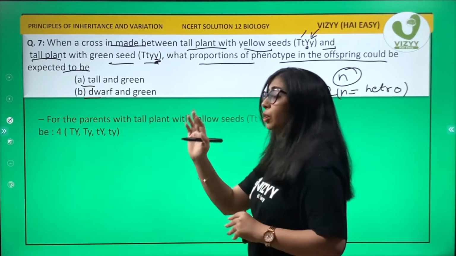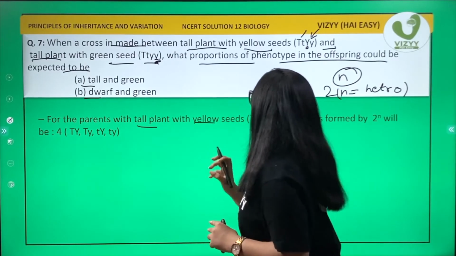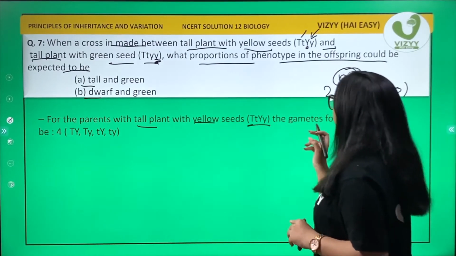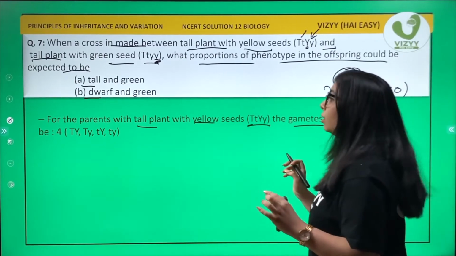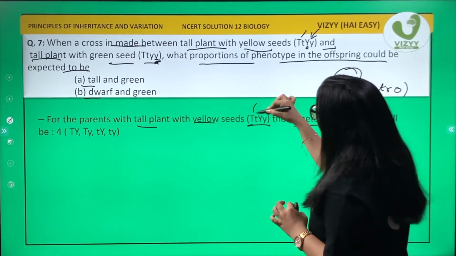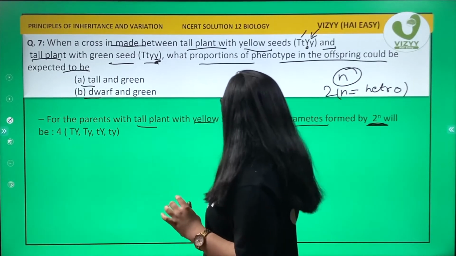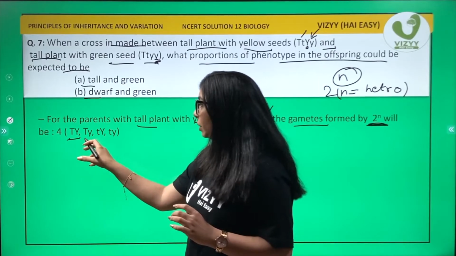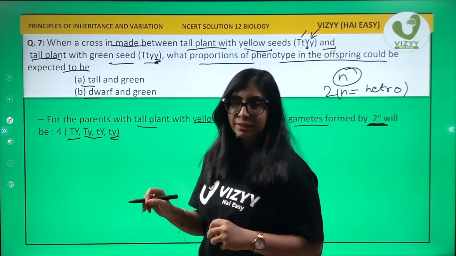Now, using this formula, for the parent with tall and yellow seeds, we have the gametes formed by 2 raised to n. So, there are 4 types of gametes: tall, both of them dominant, heterozygous, and both of them recessive.